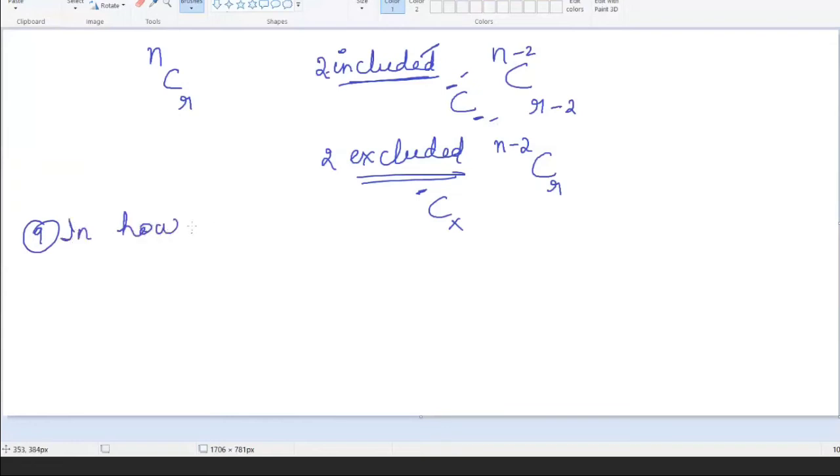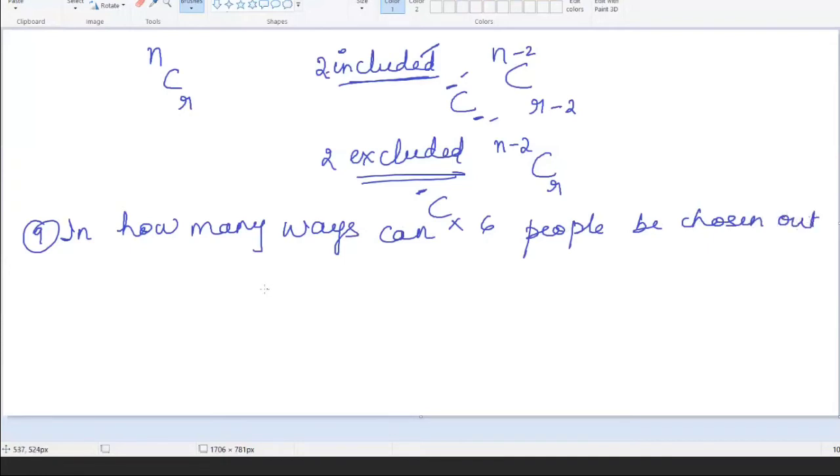In how many ways can six people be chosen out of 10 people if one particular person is always included?